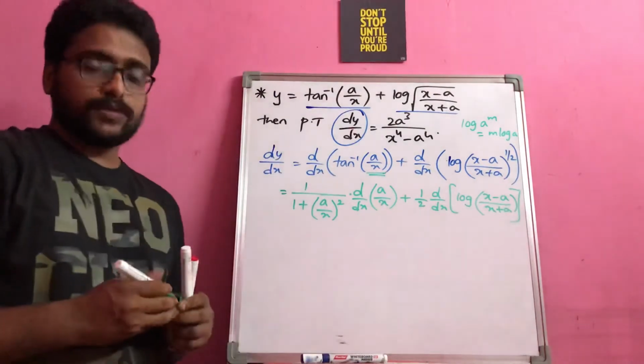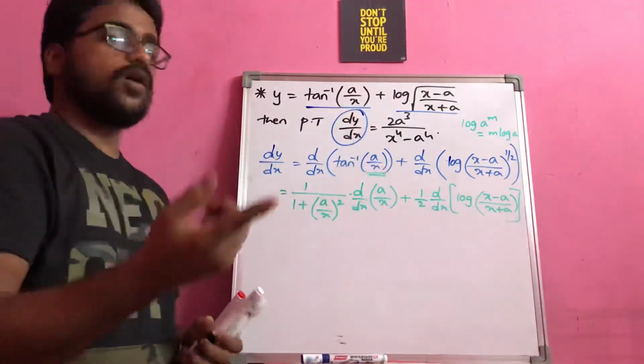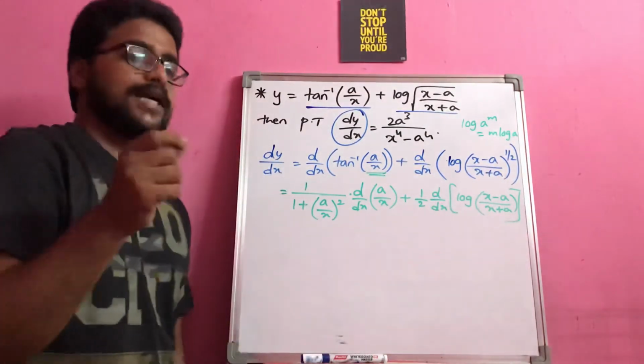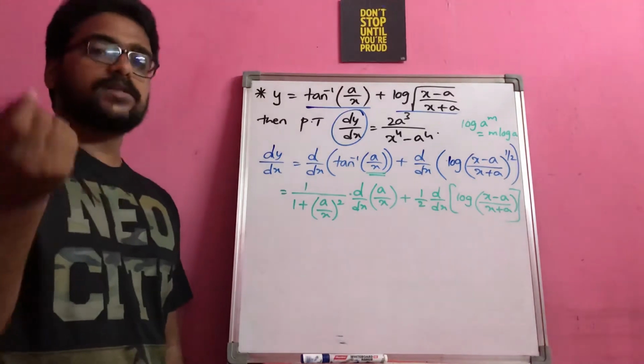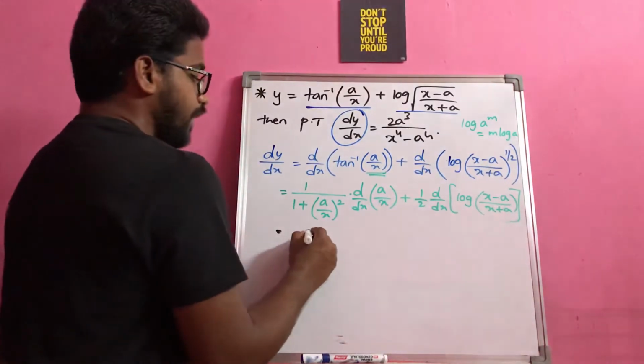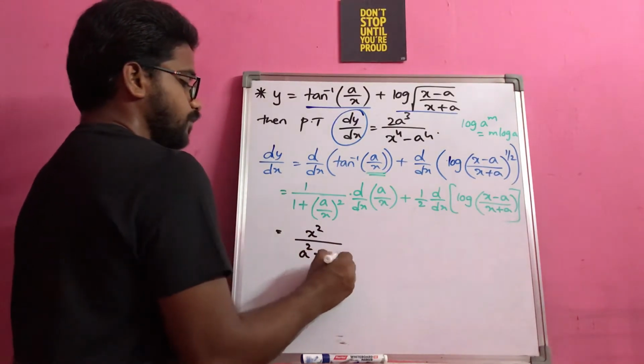Now if you observe here, in this case again you can use the logarithm properties, that is log of a by b, which can be written as log a minus log b. So let us simplify this further. By taking LCM, you will get x square by a square plus x square.